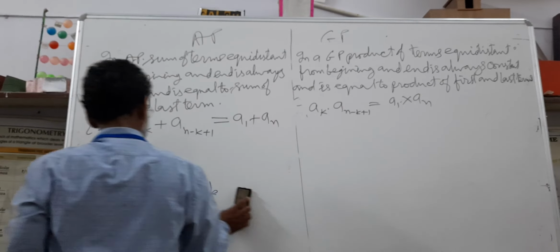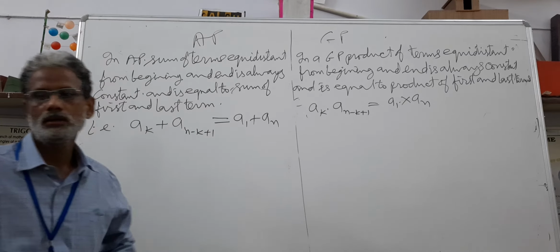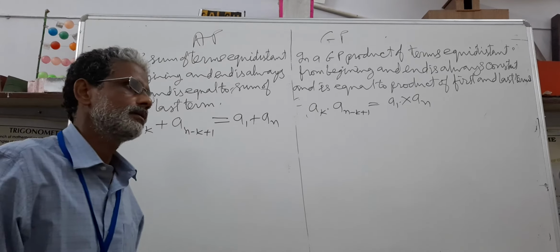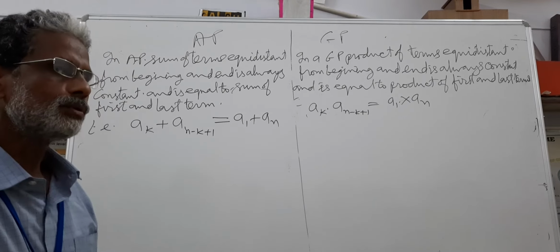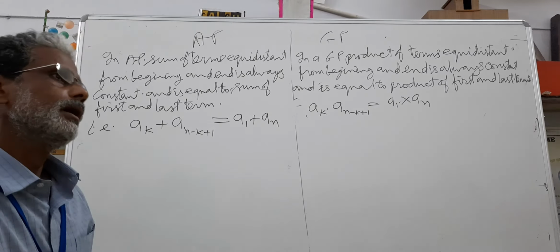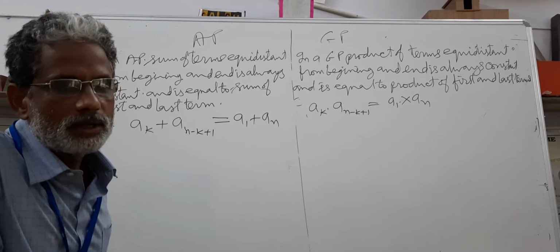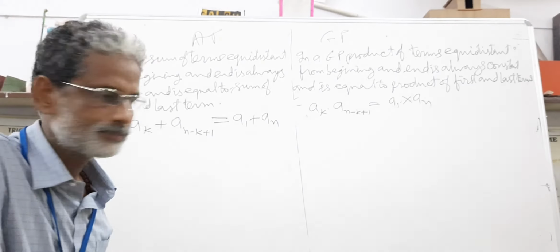Now, in some questions of AP and GP, it is given that there are 3 terms, 4 terms or 5 terms whose sum or products are given, and one more condition is given, and you are required to find the terms of the GP or AP.